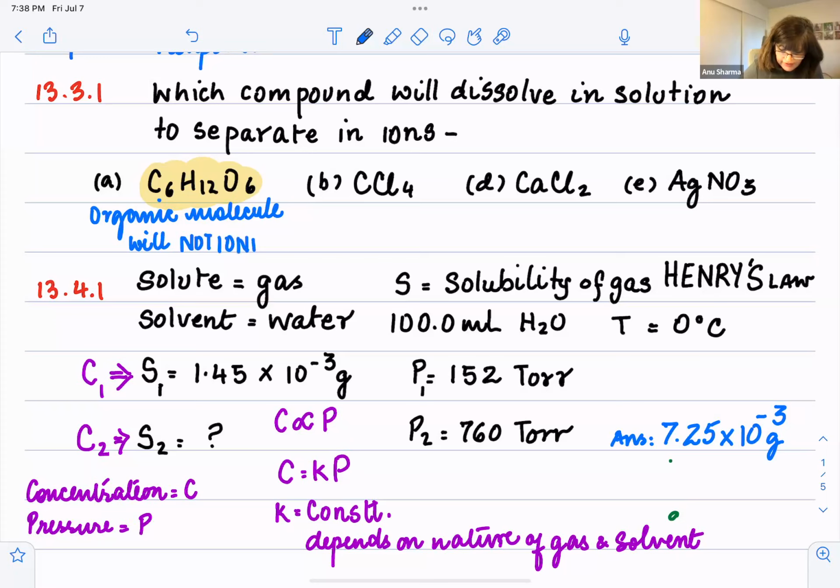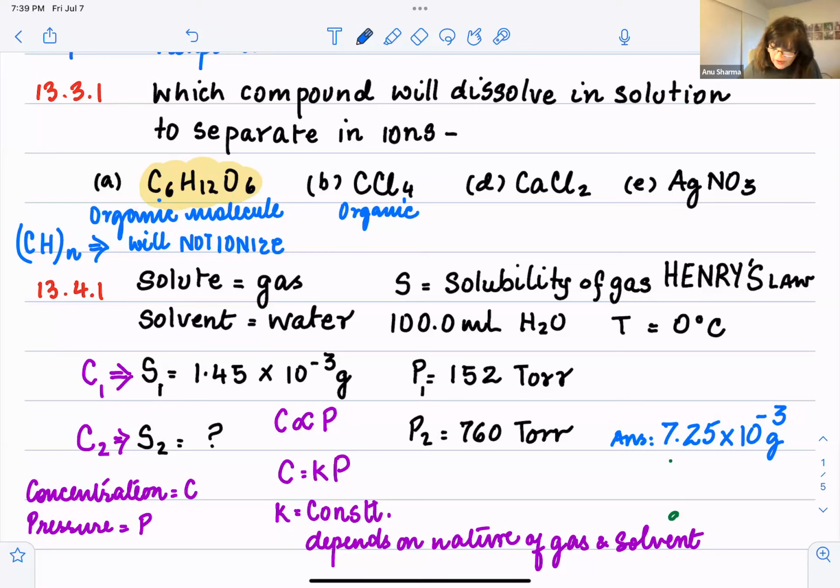So anything which is C6H12 or made of C, O, H, N, with oxygen, nitrogen, or chlorine, organic molecules will not ionize. CCl4 also is an organic molecule, because chlorine is bound to carbon. So this also will not ionize.